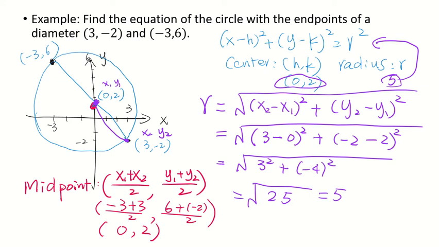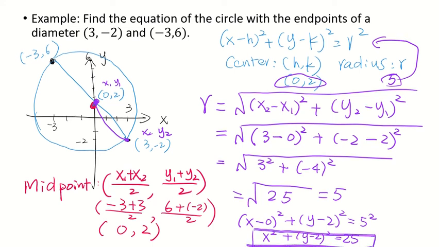So our answer should be (x - 0)^2 + (y - 2)^2 = 5^2. Simplify this a little bit, and you will have x^2 + (y - 2)^2 = 25. And that is the solution of this problem.